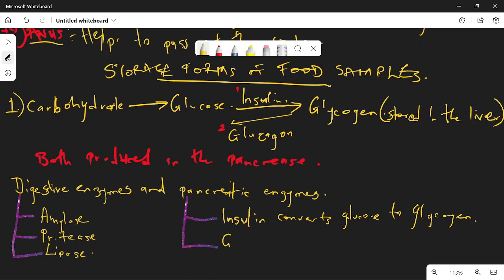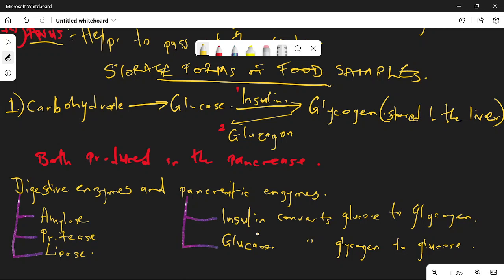And the second one is glucagon, which converts glycogen back to glucose. So is it clear? The two sets of enzymes are produced in the pancreas, but one is referred to as digestive enzyme and the other is referred to as pancreatic enzyme.